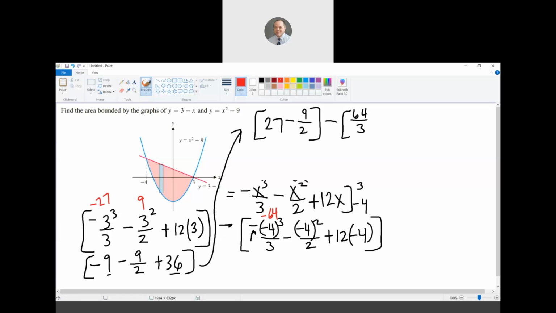Next fraction, negative 4 squared is 16, and negative 16 over 2 is negative 8. And then the last part, negative 48. And actually, I can go ahead and erase this part here because we can combine those together and get negative 56.